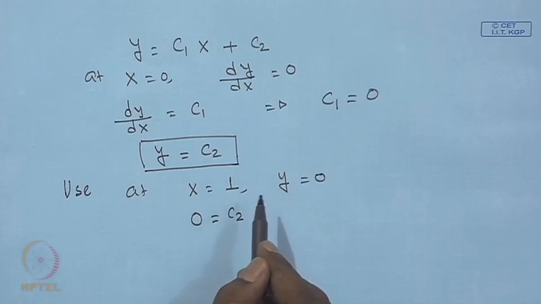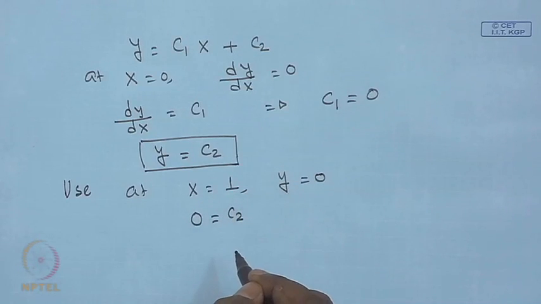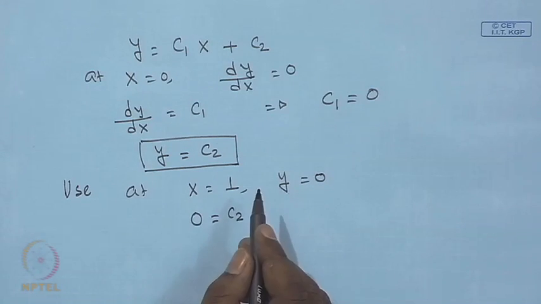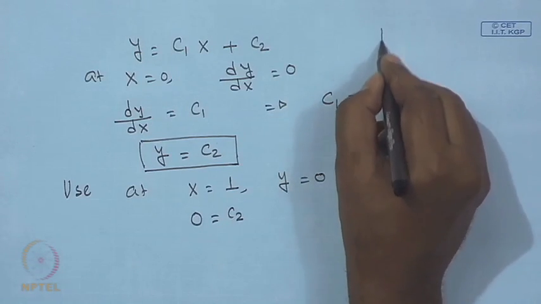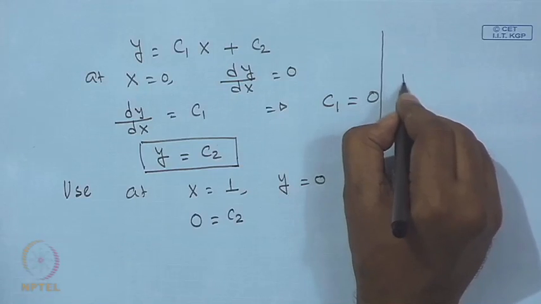If you remember what I told in the last class, the differential equation must be valid throughout the control volume as well as on the boundaries, but the boundary conditions are valid only at the boundaries. So, let us note down this point and use it.